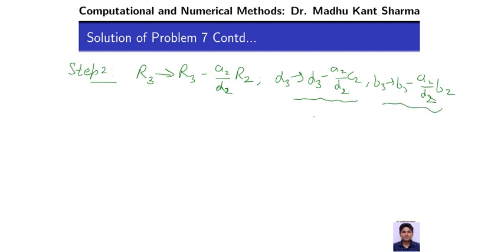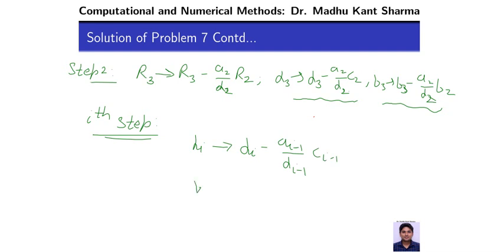If you apply n steps in a similar manner, then in general, if you perform the ith step, the Di's are updated by Di minus Ai minus 1 divided by Di minus 1 times Ci minus 1.